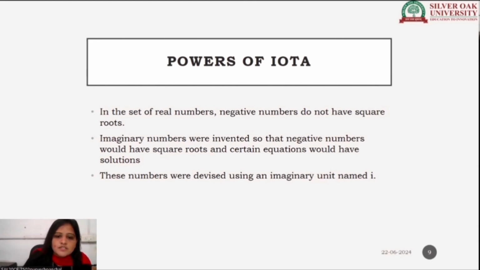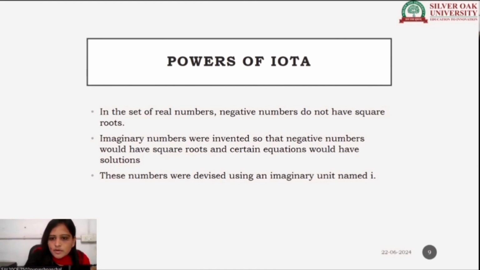These numbers were devised using an imaginary unit named i. So in complex numbers, we imagine that there is a number whose square is negative, said to be an imaginary number.